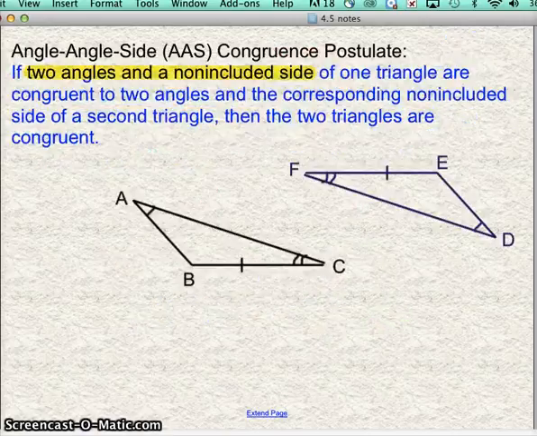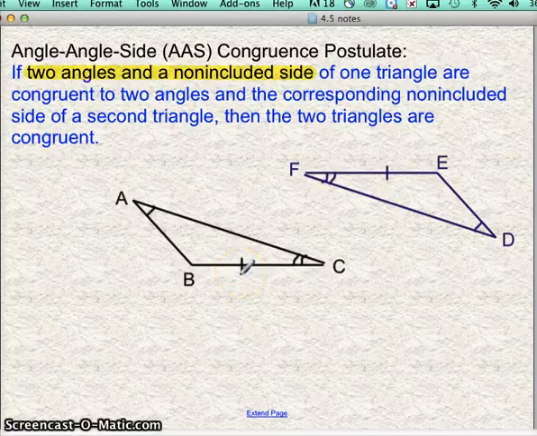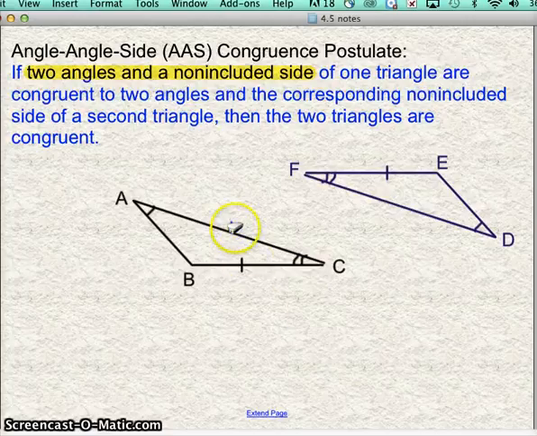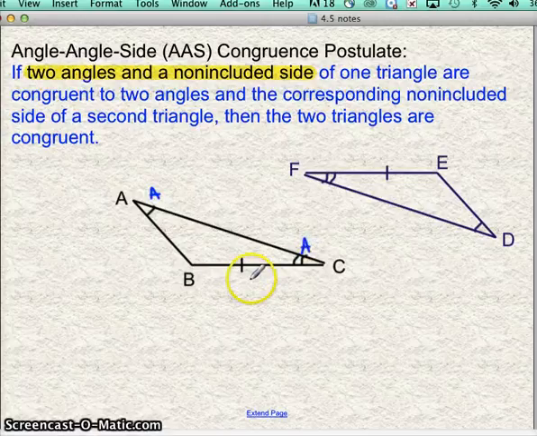All right, next one is angle, angle, side. Now this time we have two angles, but do you see how the side is not in between them? This would be the side in between the two angles. We're not given that. So if we were to follow along, it goes from an angle to the very next angle to the very next side.